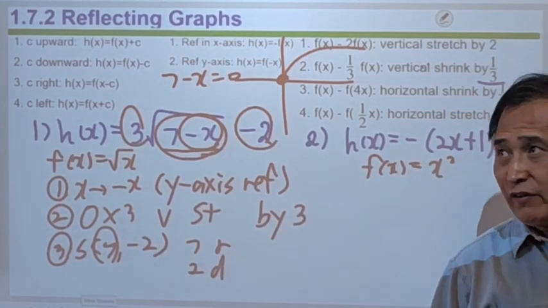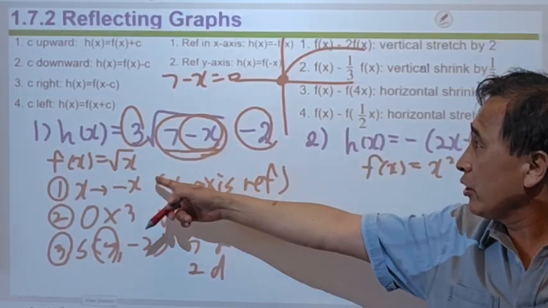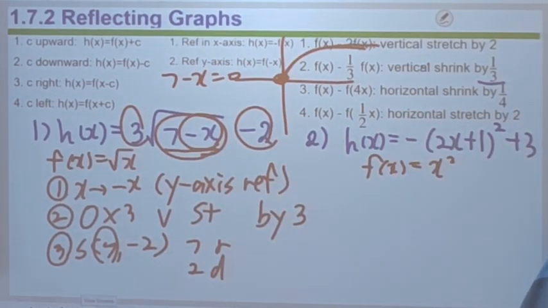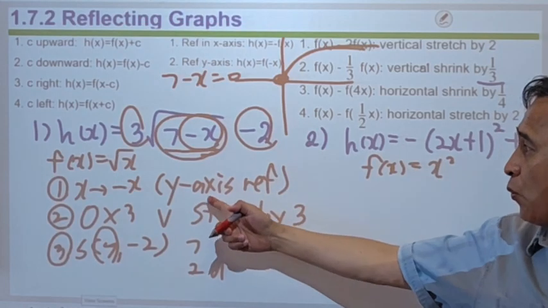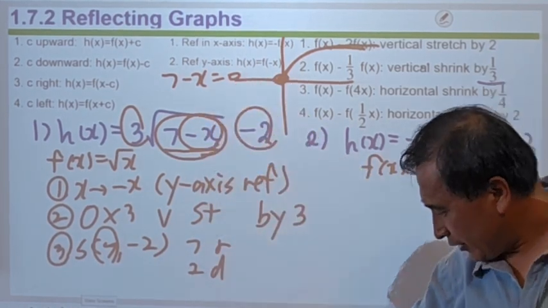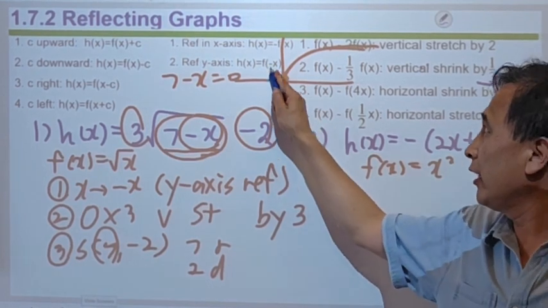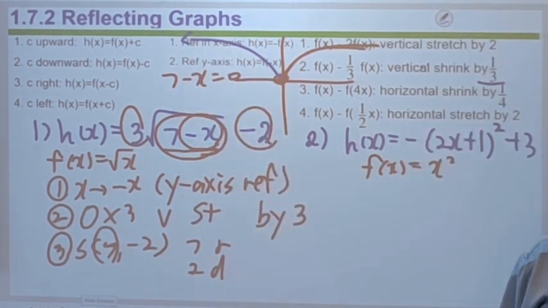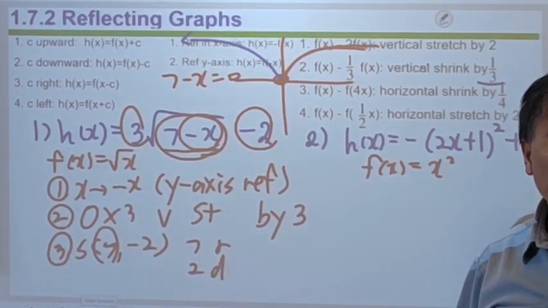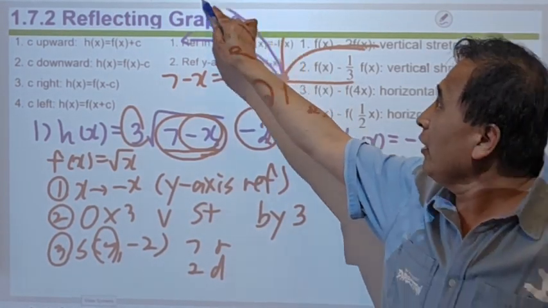Everybody got it? And the parent function of this square root function, the starting point is right here and like that. And then if we follow the y-axis reflection, which means what? Like that. This way, right? And now what? Outside, vertical stretch by 3. So we make it big, right?